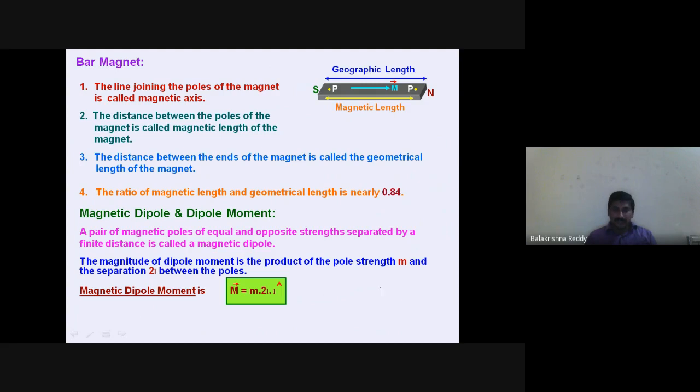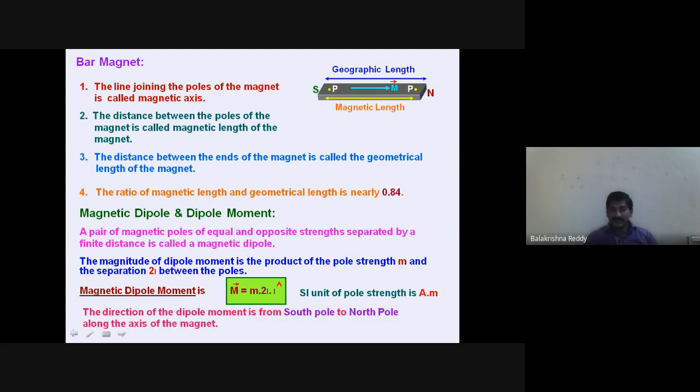Here we take capital M equal to m into 2L into l, where l is indicating the vector nature, the unit vector, the direction of the dipole moment. Pole strength we always write in ampere meter as units. The direction of dipole moment is from south pole to north pole always.